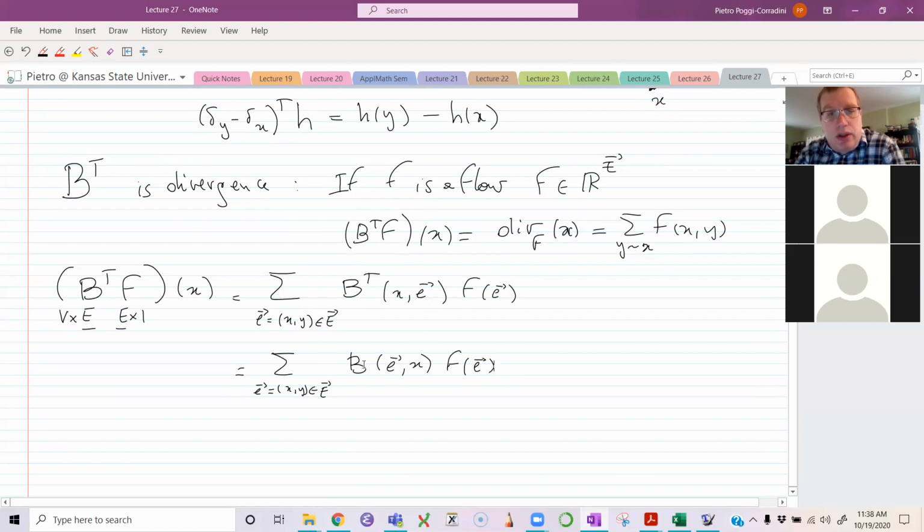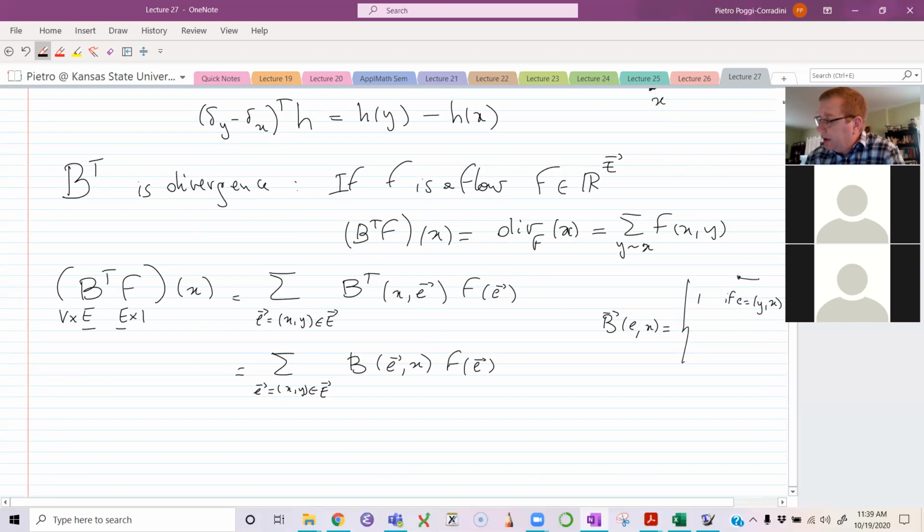And remember, the rows of the matrix B are those differences of indicator functions, right? And so basically, if you fix X, B(E,X) is equal to 1 if E is of the form YX.